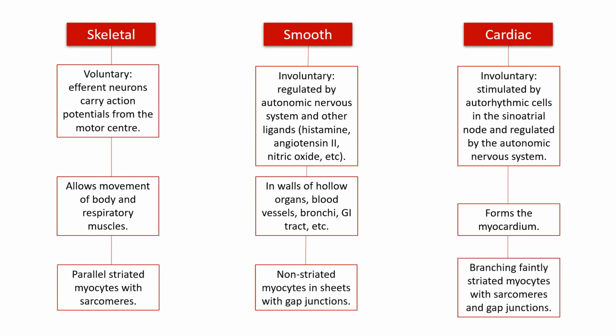In terms of appearance, skeletal muscle is striated. It means it's got stripes across it. So you have these parallel myocytes, muscle cells. There's that term cyte, myo, muscle, cells. You have these parallel long myocytes.